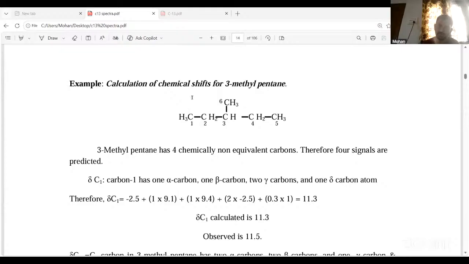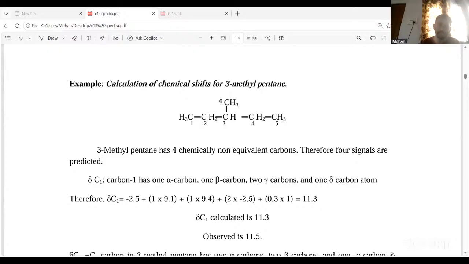Here we'll see one example. We can calculate the delta value of this alkane derivative, 3-methyl pentane. The parent chain consists of 5 carbons, 1, 2, 3, 4, 5, and one methyl substituent is on the C3 carbon.